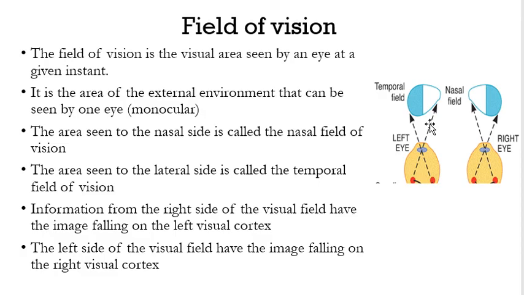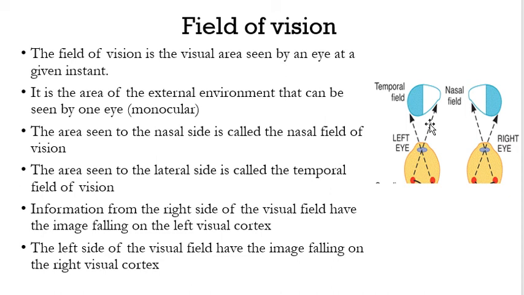What if I change the way I'm describing these areas? Let's practice. Your answers should be: temporal side of the right eye, temporal side of the left eye, nasal side of the right eye, nasal side of the left eye.